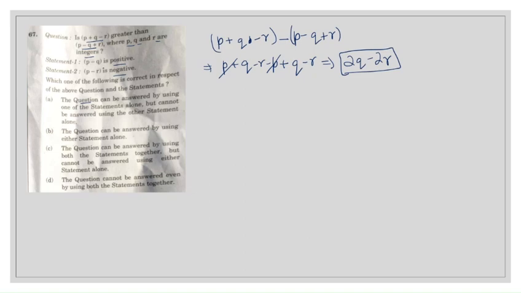Now statement one says that P minus Q is positive. Suppose we subtract 2 from 4, we get the answer as 2. And when we subtract 4 from 2, we get the answer as minus 2. So basically, whenever addition or subtraction takes place, the sign present at the higher value is taken. For example, right now the negative sign is in front of 4, so we'll take this sign.